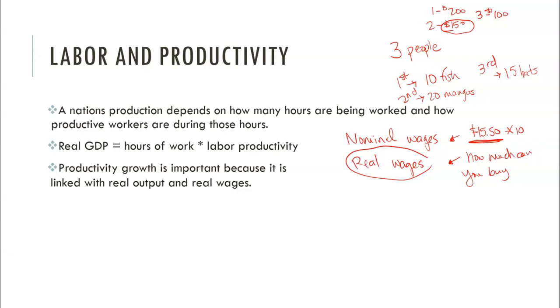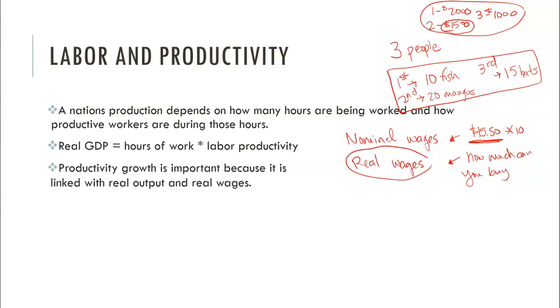So we can multiply all of these by 10. Everybody has 10 times as much money. But if we're not increasing actual production, we don't have more stuff. So it doesn't matter that everybody has 10 times the amount of currency. We still have 10 fish and 20 mangoes and 15 hats.